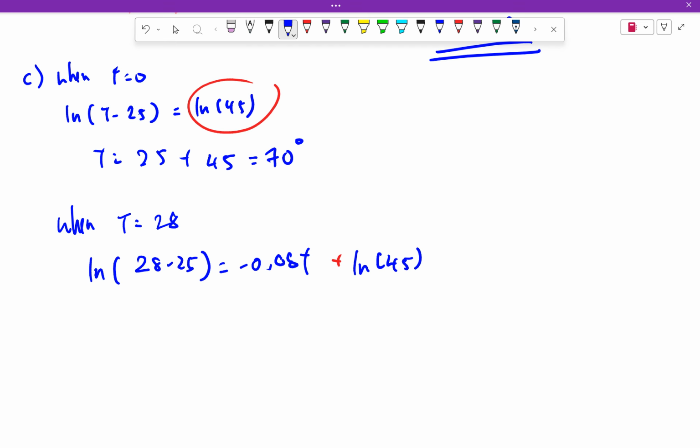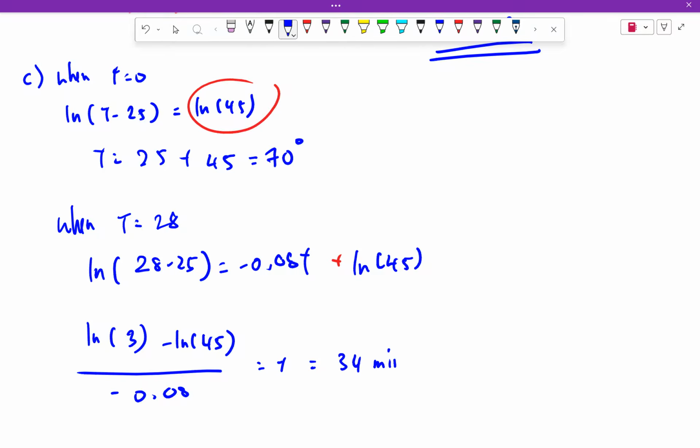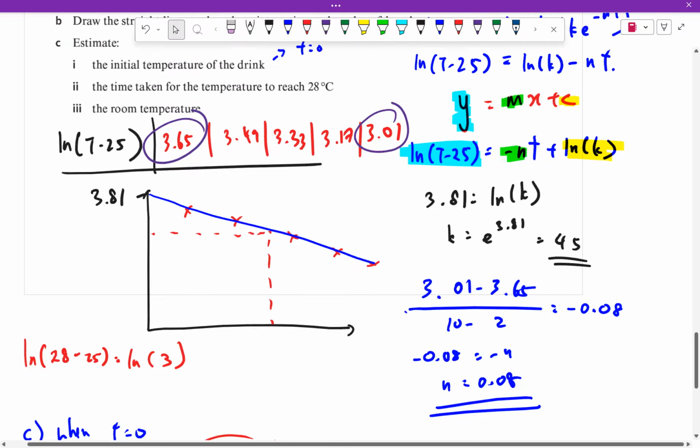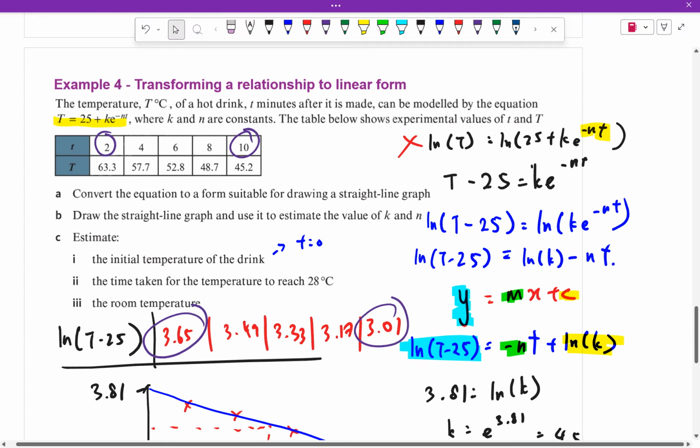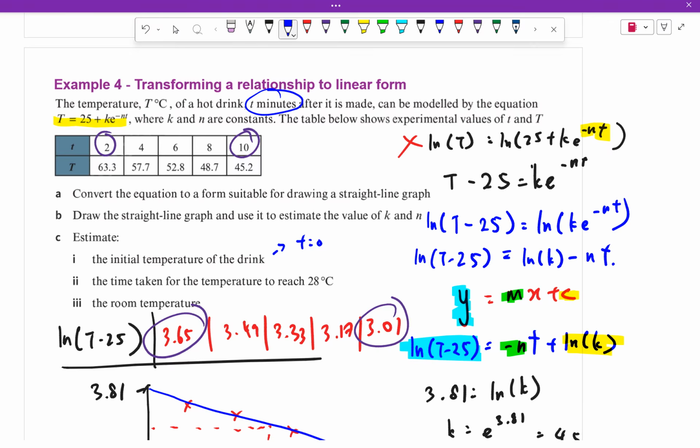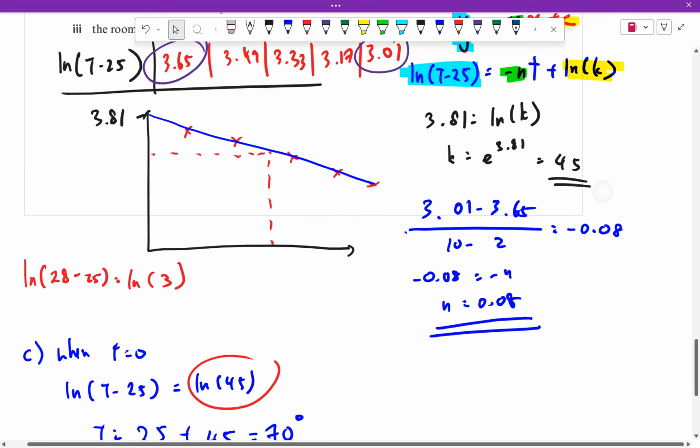So ln of 3 minus ln of 45, divided by negative 0.08, equals t, which is about 34, and t is in minutes, as stated here. Alright, you should do the same thing.